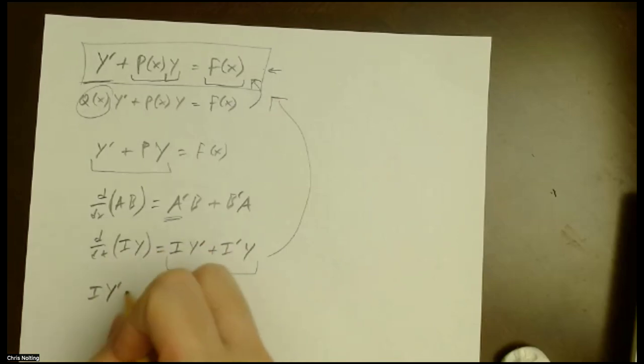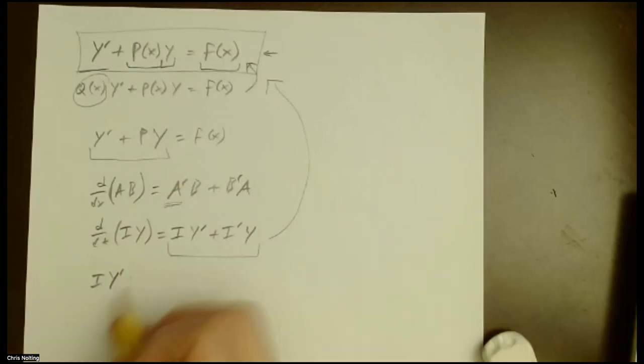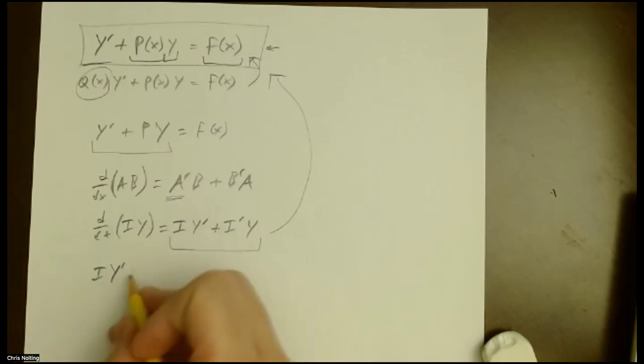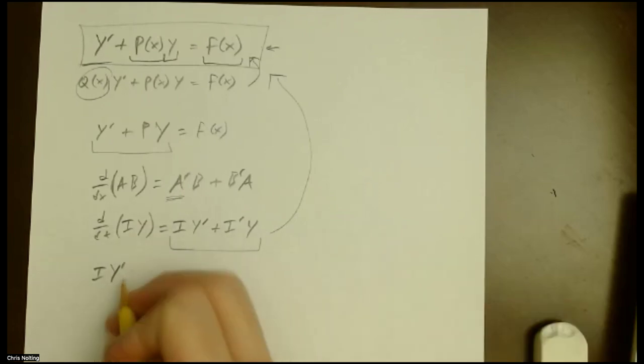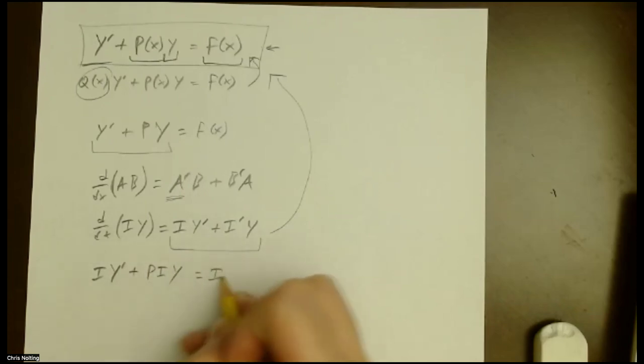I'm going to take our original equation and multiply it by whatever this function of x that I'm going to call I is. So then we get p I y equals I f.